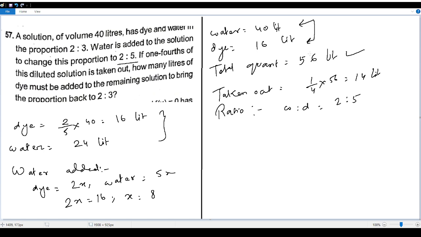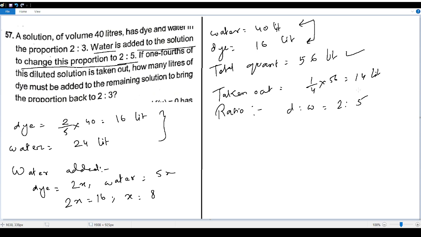Sorry, it is the dye to water ratio, 2 is to 5, because that is what was said, that water is added to the solution to change its proportion to 2 is to 5. So currently the ratio of dye to water is 2 is to 5.